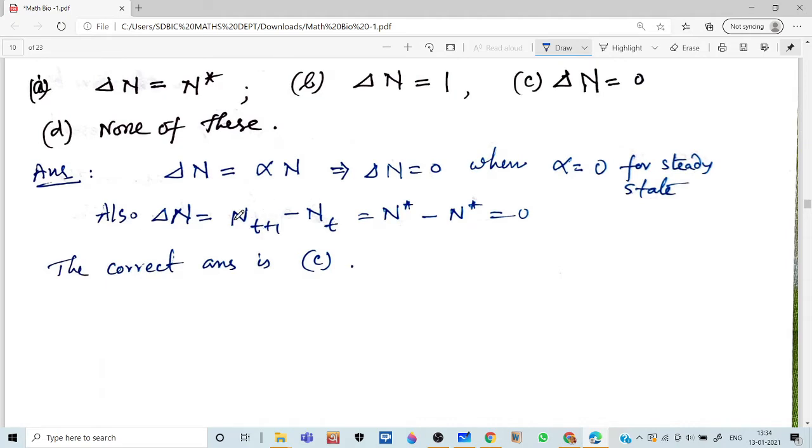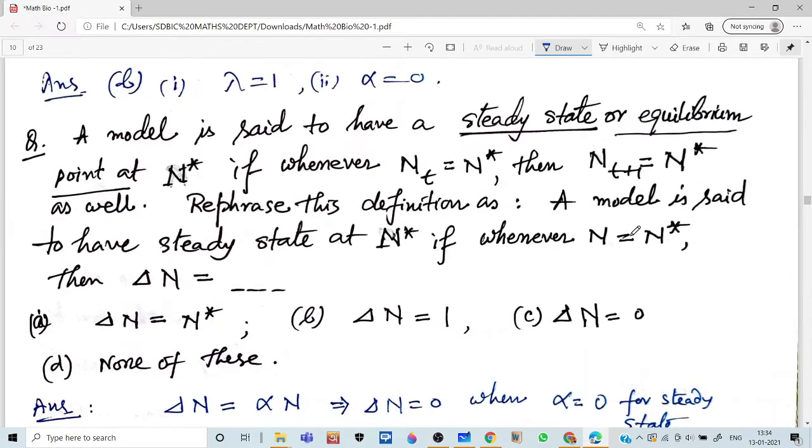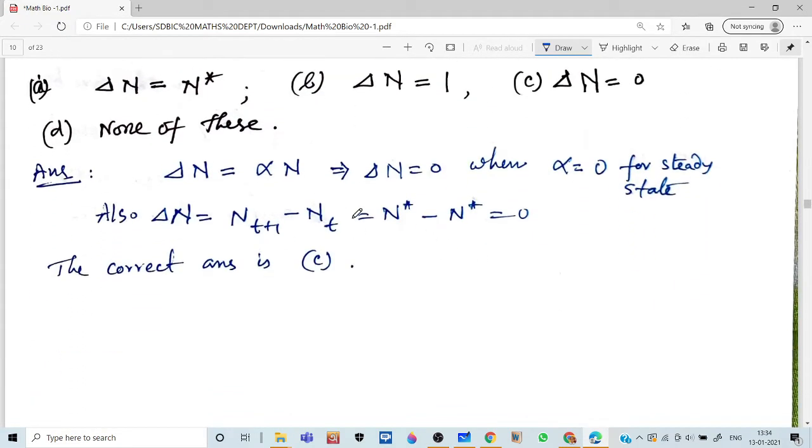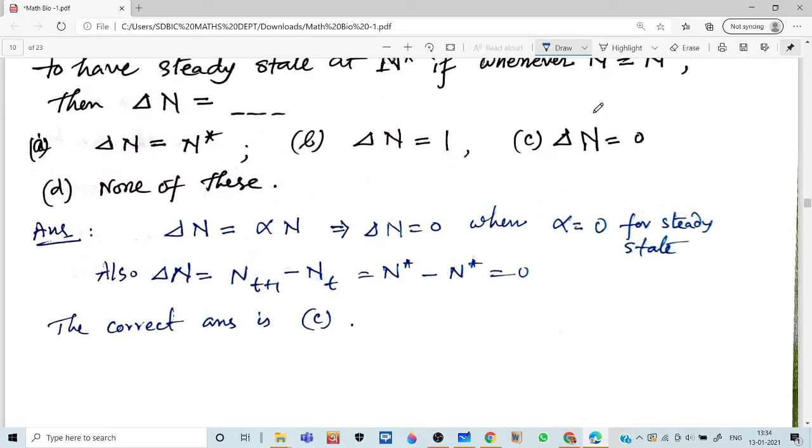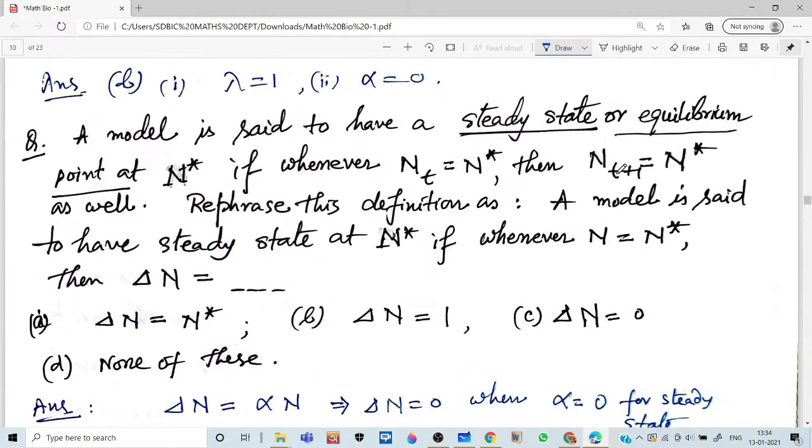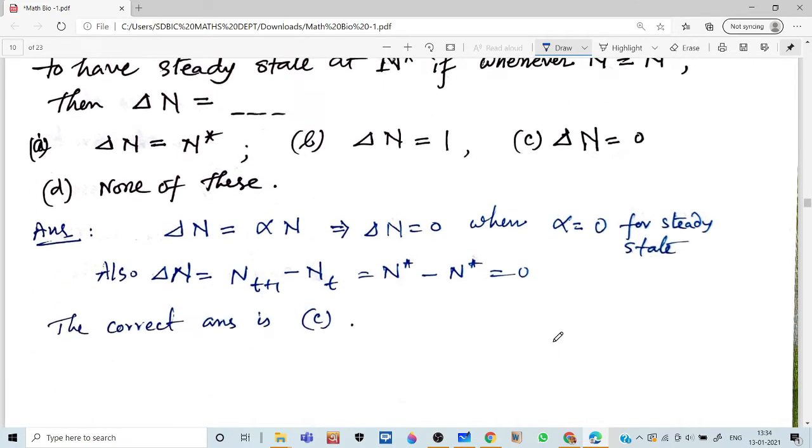Now Nt plus 1 equal to N star for the steady state equilibrium, and Nt is also the N star value, so this is equal to 0. So the correct answer is delta N equal to 0. This is the steady state.